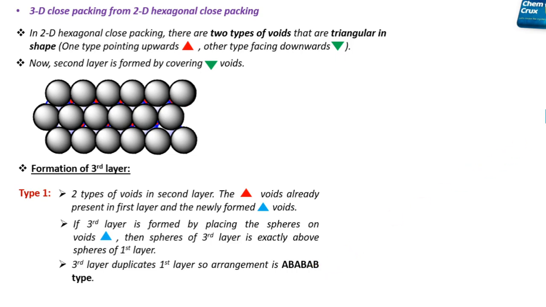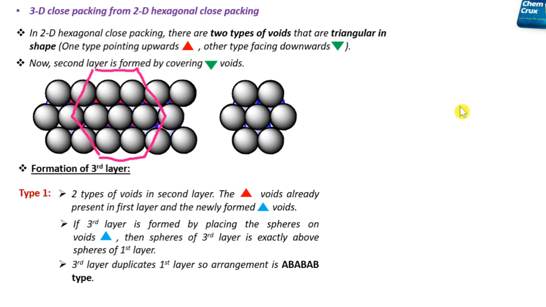Okay. Now if I want to cut a portion of this arrangement, so I want to cut this portion of the arrangement so as to see how each layer looks like. So I have cut out this portion, and now let's find out how each layer looks like.